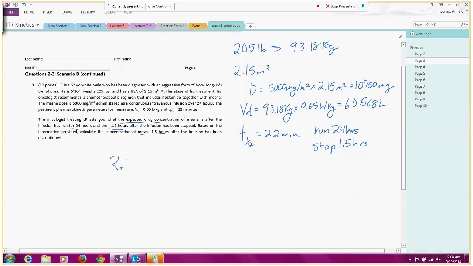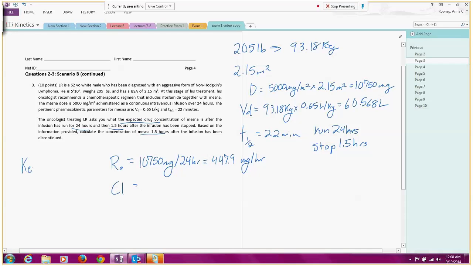So R0, rate of infusion, that's our variable. It's been infusing over 24 hours, and so that is 447.9 milligrams per hour. That is our rate. All right, our clearance. Oh, we need to find our rate of elimination first.